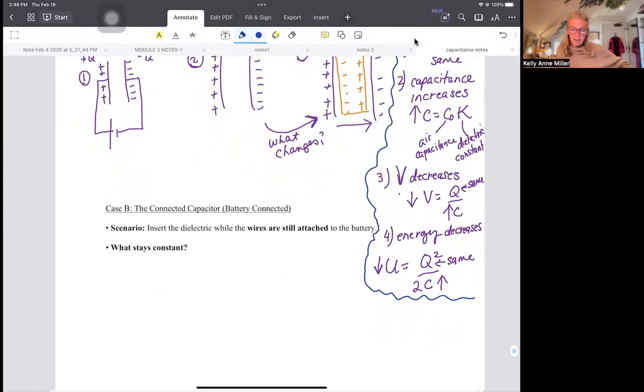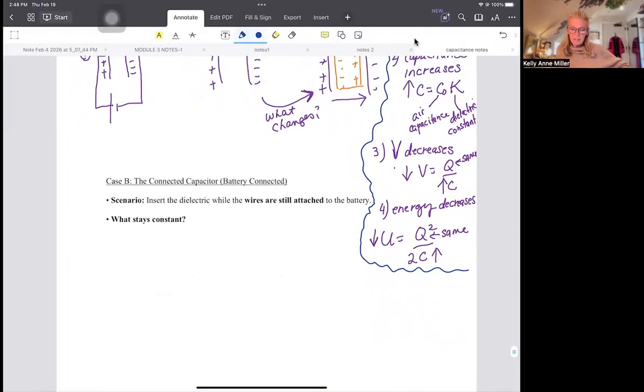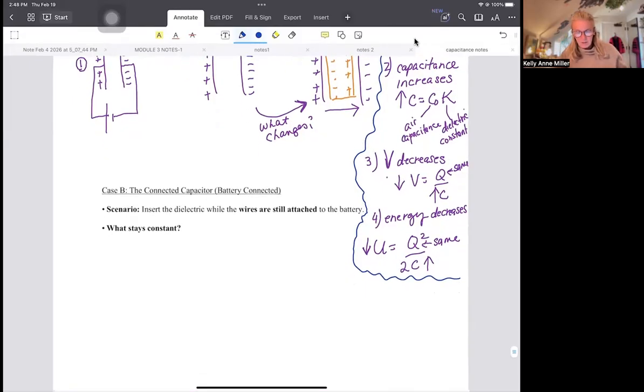Now let's talk about the other situation, where I've got the capacitor connected to a battery, and I insert the dielectric while it's still connected. Let me just draw that.